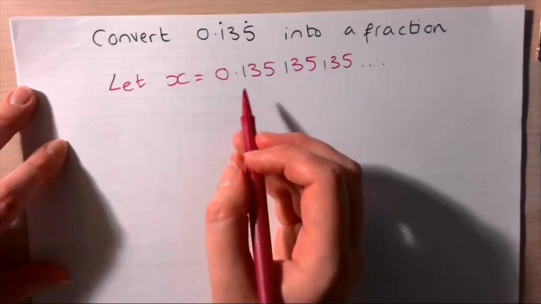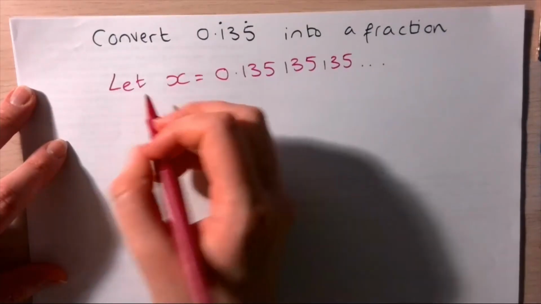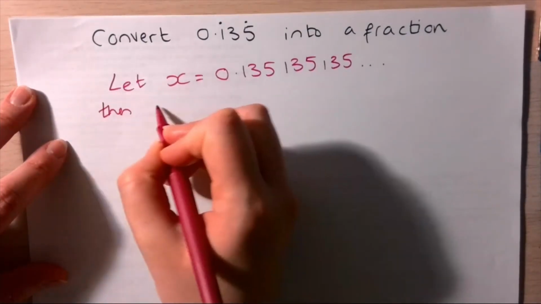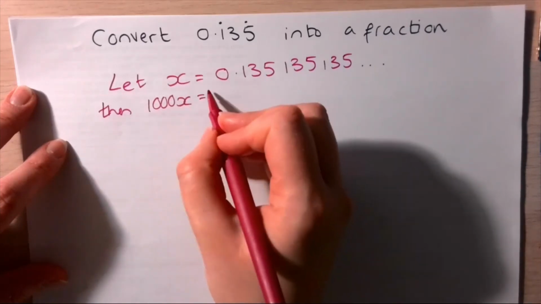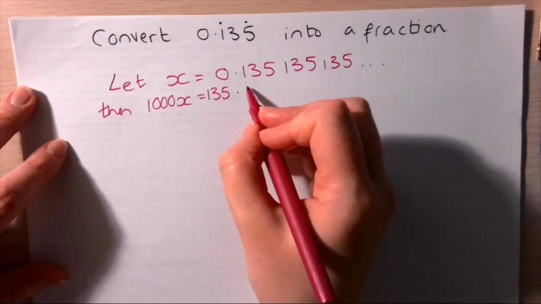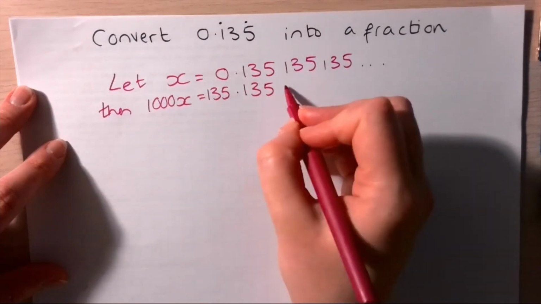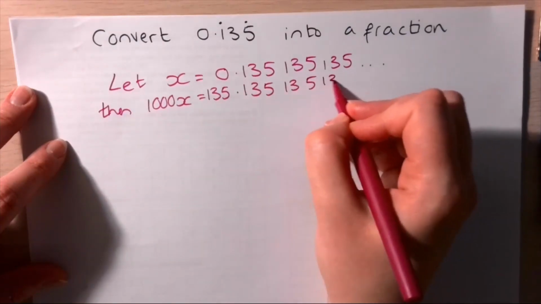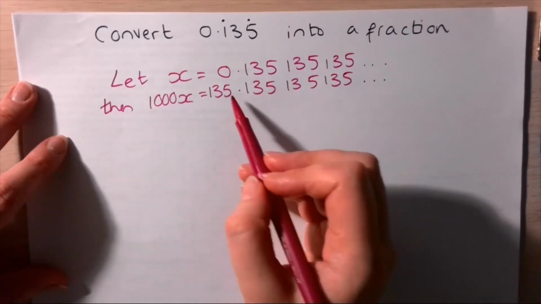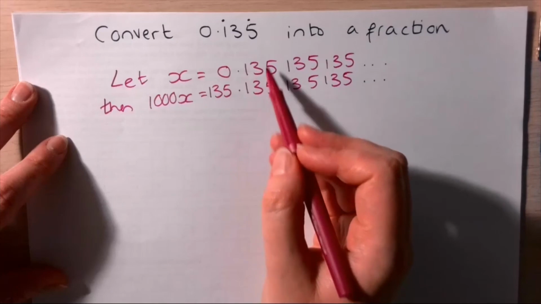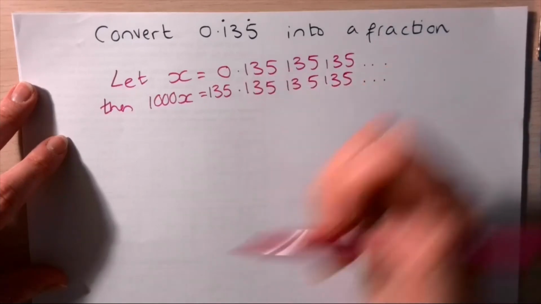And then we're going to this time have to multiply by 1,000. 1000x equals 135.135135135. Multiply by 1,000, so I've got this same recurring pattern down here. So it matches up.